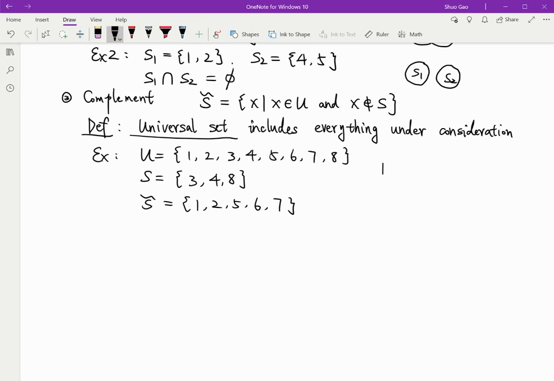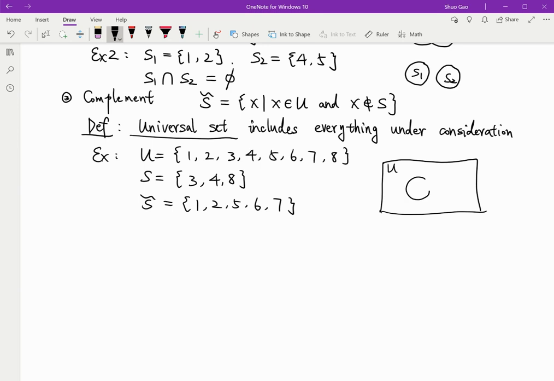So if we draw a graph, it looks like this. This is U, the universal set. The rectangle is the universal set. It's the scope of the problem. We'll just consider the set here.